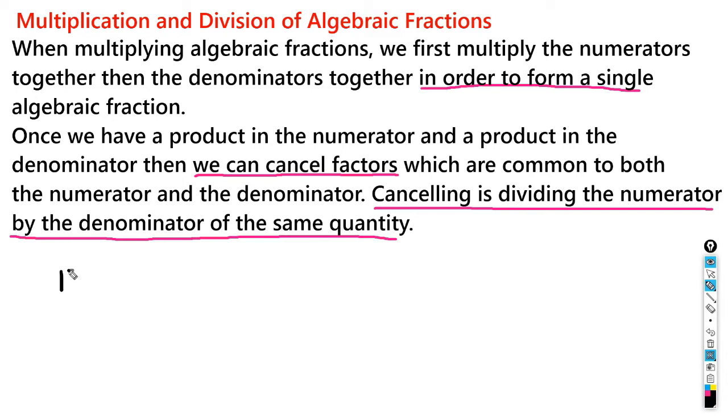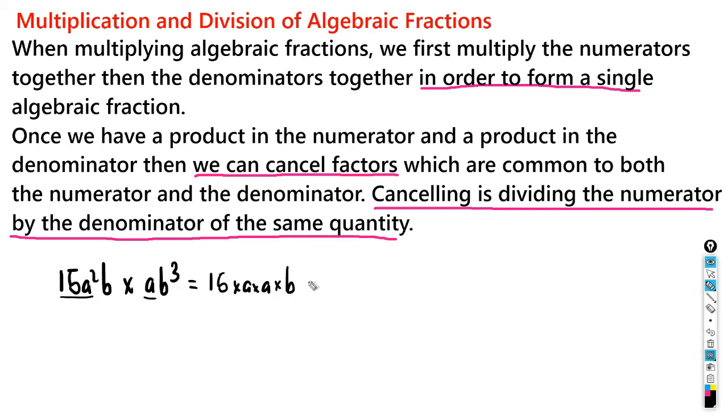Let's say we have 15a squared b multiplied by a b cubed, right? So what we're actually going to get is we can break it down. We can say 15 multiplied by a multiplied by a, which would be this here, multiplied by b.